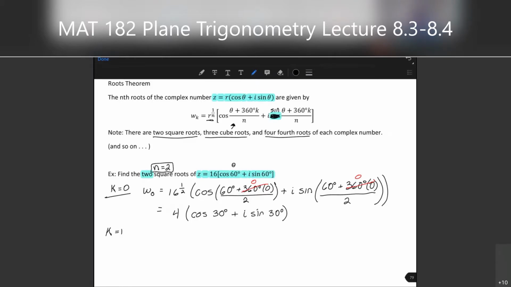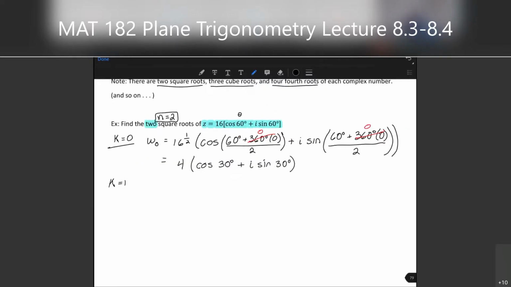So let's just take a look at how the formula changes with k equals 1. The only thing really that changes is that counter in the argument. So let's consider that. So w sub 1 is going to be, again, 16 to the 1/2 power. We're really going to copy our first result other than the k numerator.